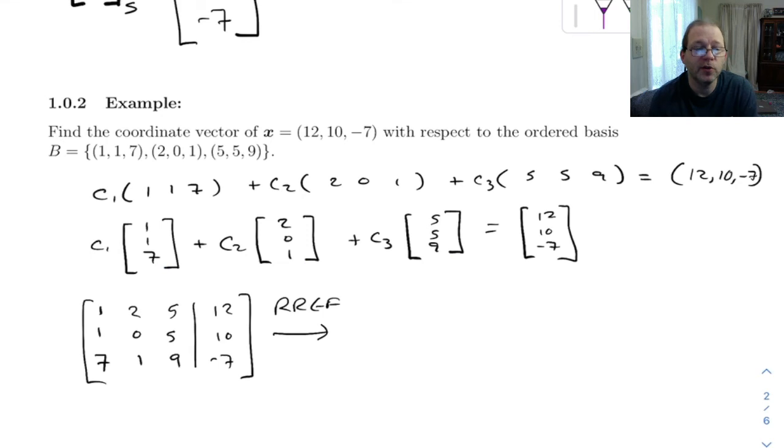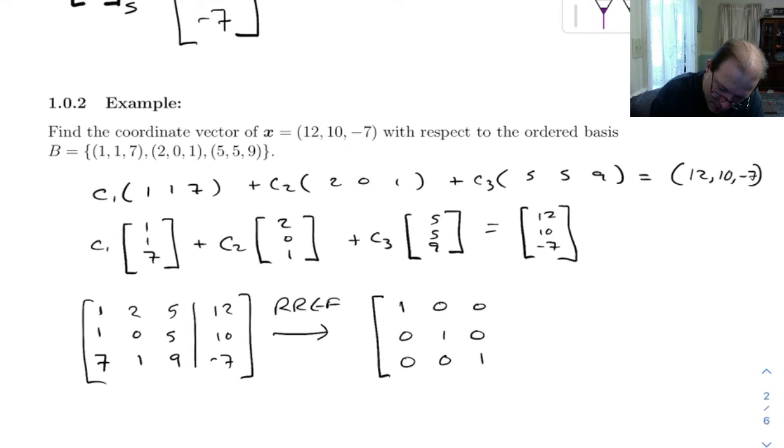That means they're linearly independent. When we row reduce this, we already know what the answer is going to be, at least on this side of the augment line. We know it's going to row reduce to this because those three things are linearly independent. It's the other three numbers that we need. So let's get Octave to do that for us right quick.